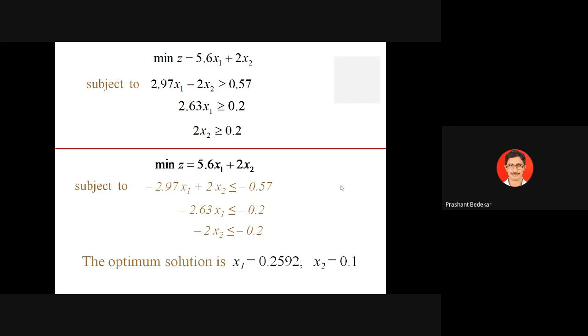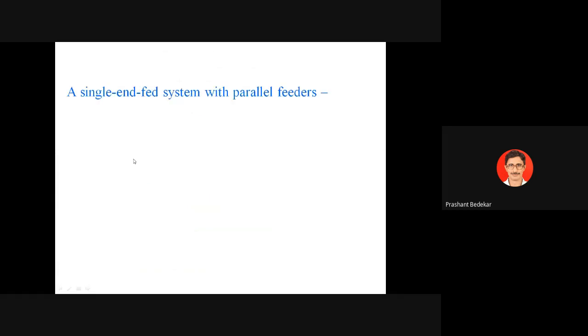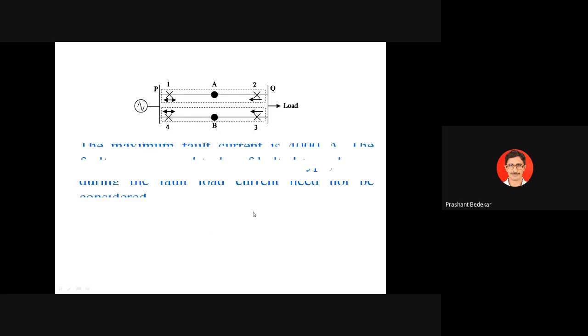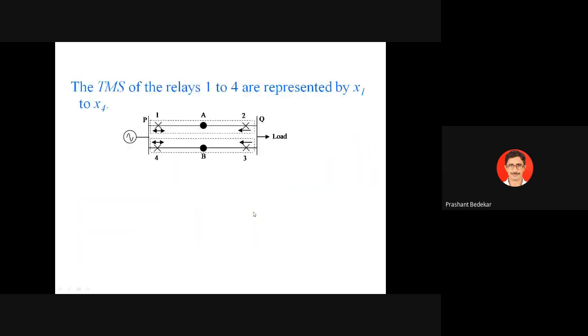Now let's see. Actually, I have one more example, and we'll go through it very fast. A single end fed system with parallel feeders. Here I have taken 4 relays and 2 feeders, a parallel feeder system. Consider a fault at the midpoint of feeder PQ, that is point A, and at the midpoint of feeder 3-4, that is point B. The data is given, and exactly in the same way as I did for the previous problem, the problem is formulated.